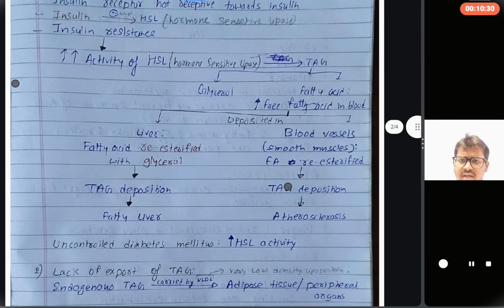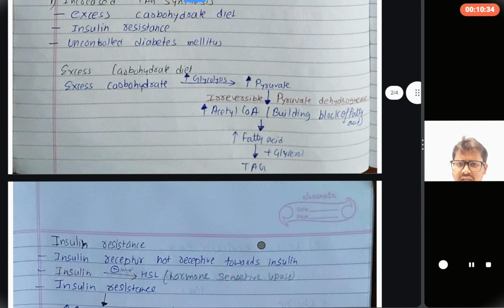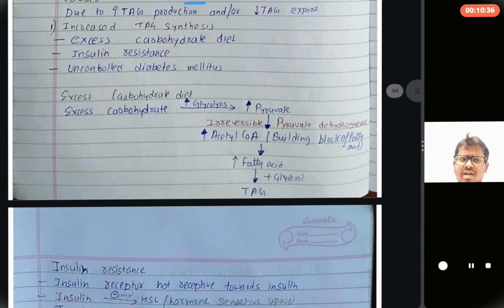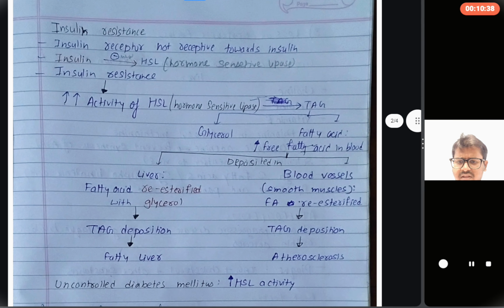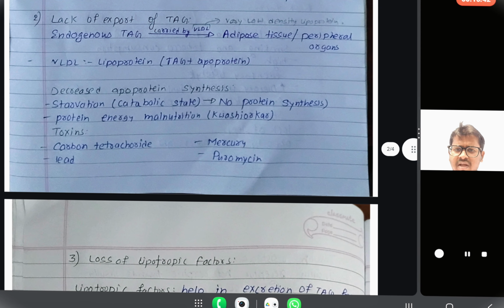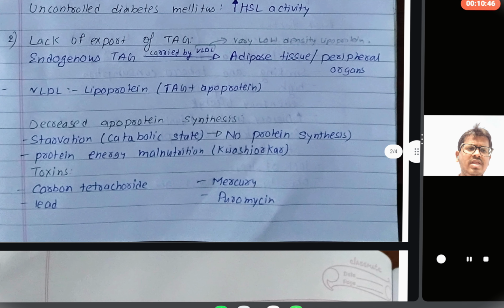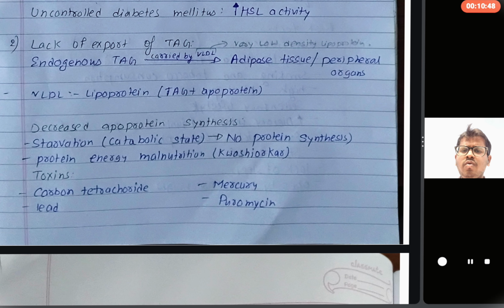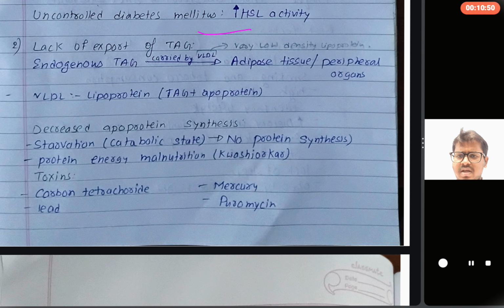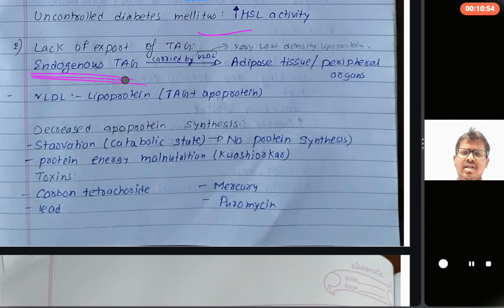Till now we have discussed increased triacylglycerol. Now we are going to discuss the second part, lack of export of triacylglycerol, meaning there is no export of triacylglycerol. First of all, there is endogenous production of triacylglycerol.